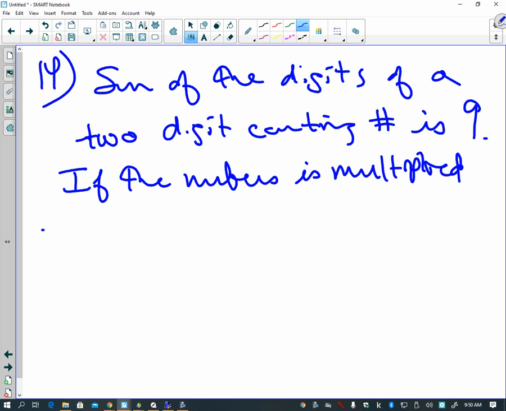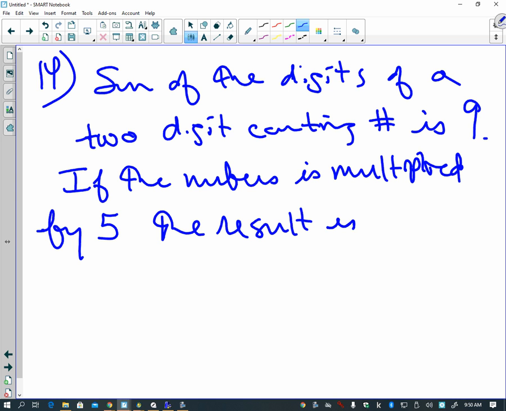If the number is multiplied by 5, the result is 270. Okay, you need to write and solve a system of equations to find that number.